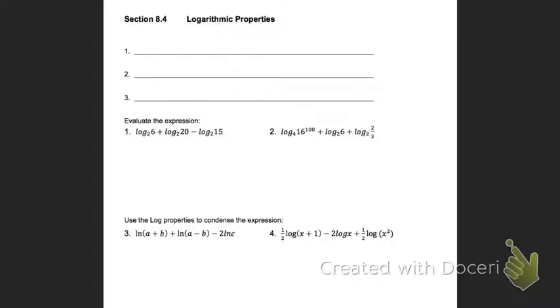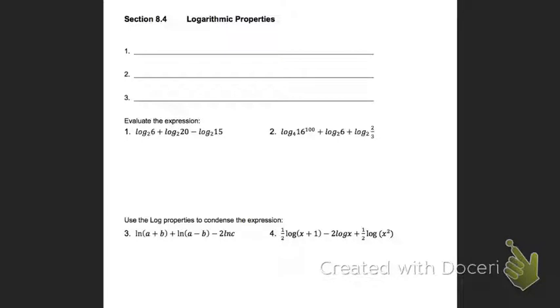So, log properties. I'm going to write 3 of them down for you, and one of them we already know, so it's going to be super easy. The first two are if you're condensing two logarithmic functions together.